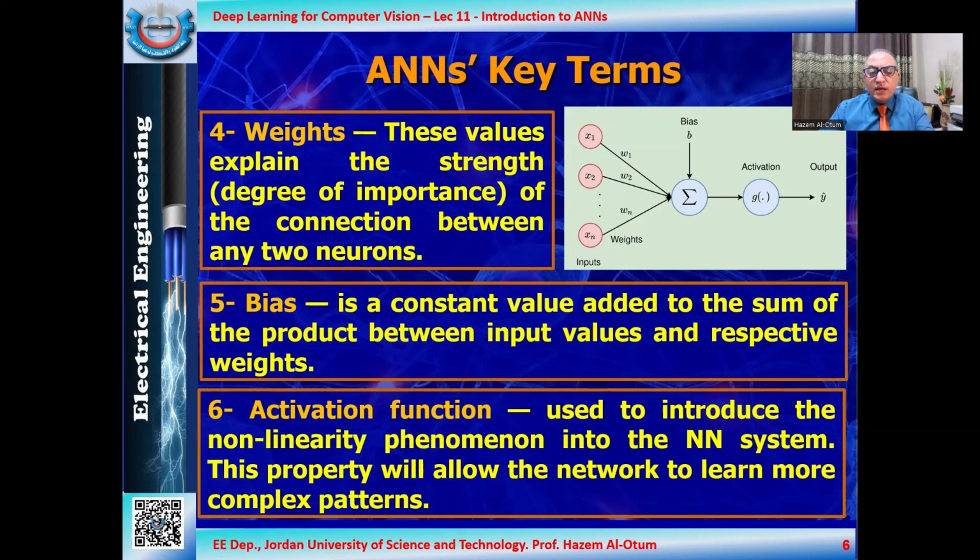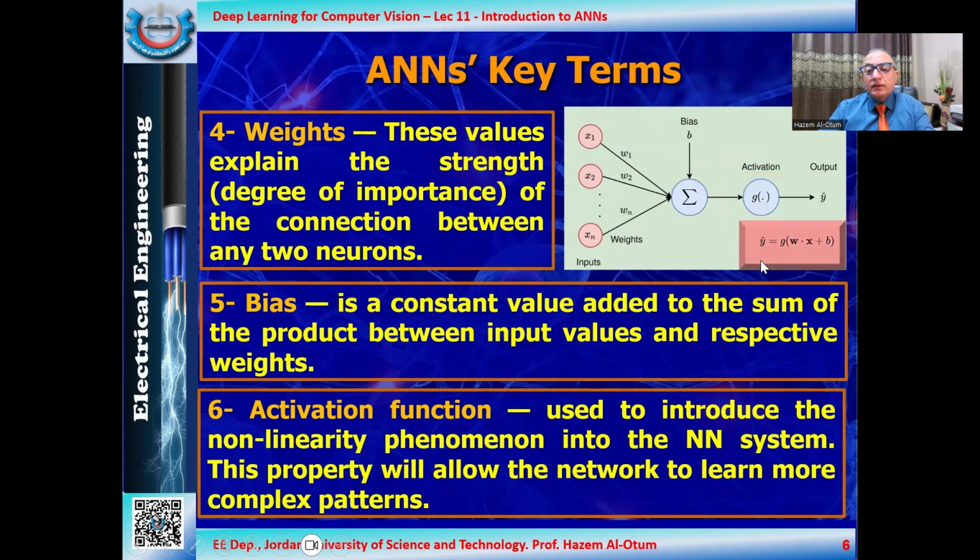So the function adds a sort of nonlinearity to the output produced after summation of the weighted inputs plus the bias, and this output will be applied to the activation function. The activation function here, as you see in this part, is connected to this output in order to get the final output of this neural connection, at least at this stage.